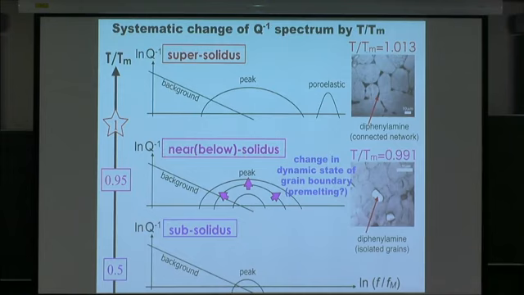A transition of grain boundary structure below the bulk melting temperature is known as pre-melting. And we speculate that a similar phenomenon to pre-melting occurs below the solidus temperature. But this is just speculation.